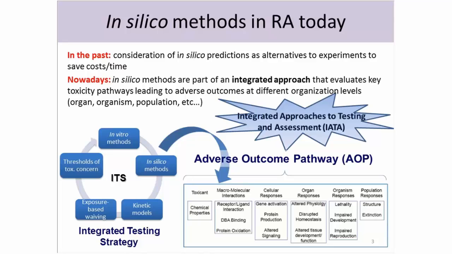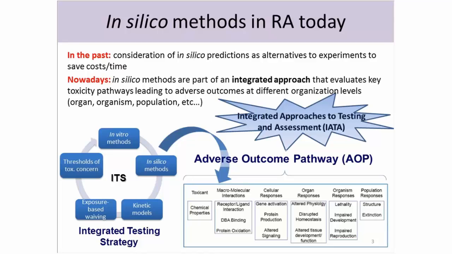This means that the idea is to have a complete picture of how the adverse effect is caused, so to have a complete idea of all the biological events that are connected between the initiating event and the adverse, and the toxicity at the end.